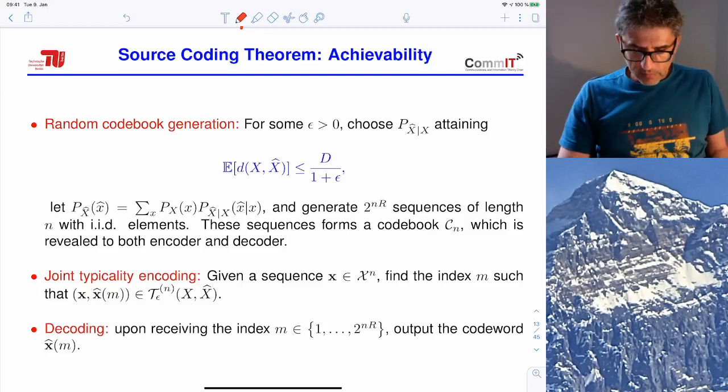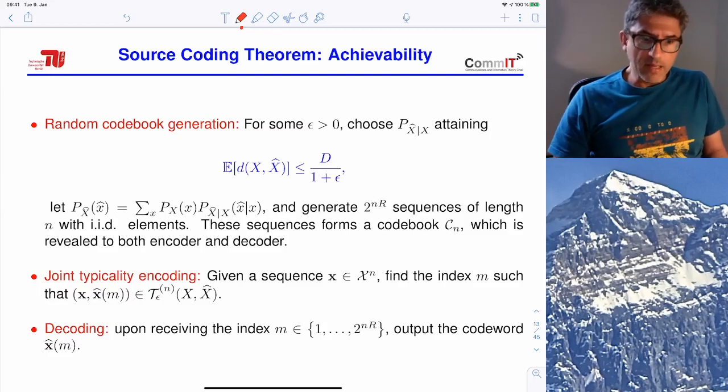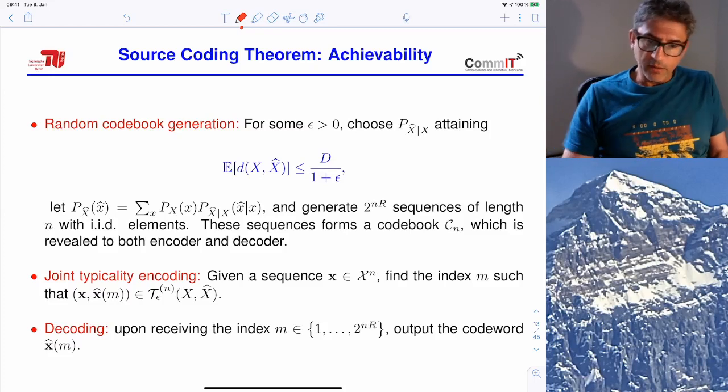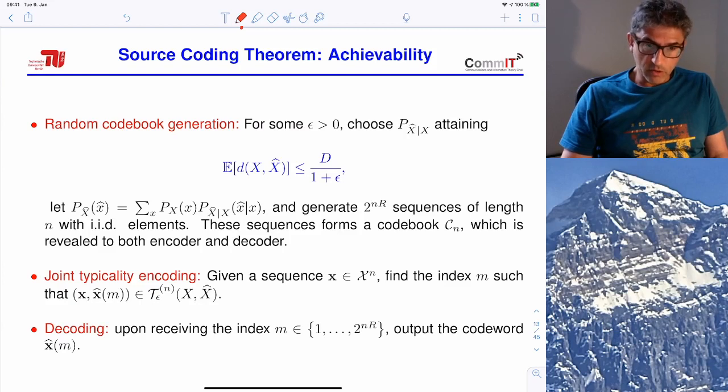Very well. So now we formalize the informal argument of before, and we go through the formal proof of the source coding theorem.